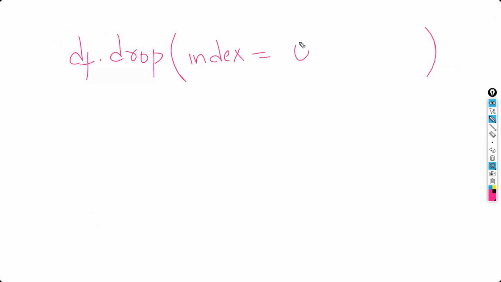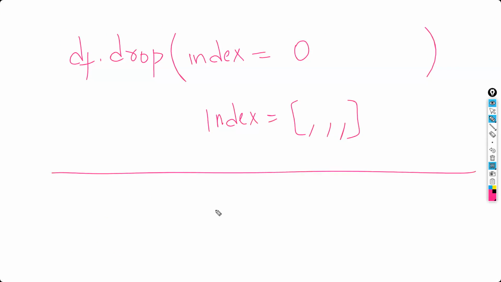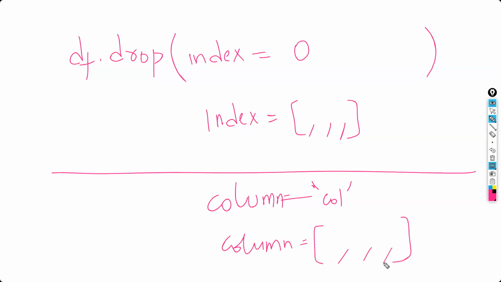Single row means a single number. Sir, multiple rows. Multiple rows means a list of numbers. That's it. Sir, I want to delete the column. Then you have to write columns equal to, and write the column name. Single column means a single column name. If you want to delete multiple columns, you have to write the list of column names. Column 1, column 2, column 3, like this you have to write the list of column names. That's it. This is the syntax.